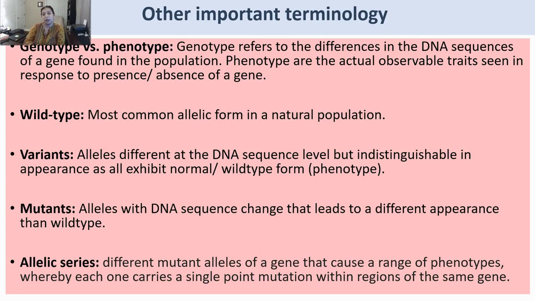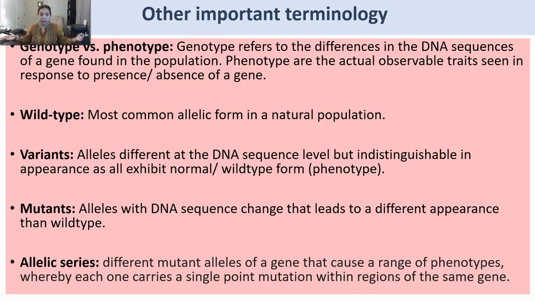So let's say your wild type form for a particular flower color was pink, but then when you look at the variants, you saw some DNA sequences that still give rise to pink, but when you looked at the other range of mutations, you saw purple and white and yellow and green or blue or whatever. All of those colors that you're seeing in different forms because of DNA sequence changes are mutants.